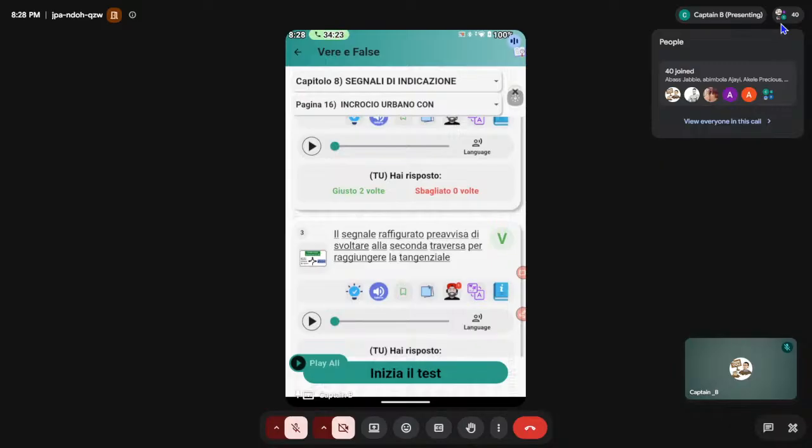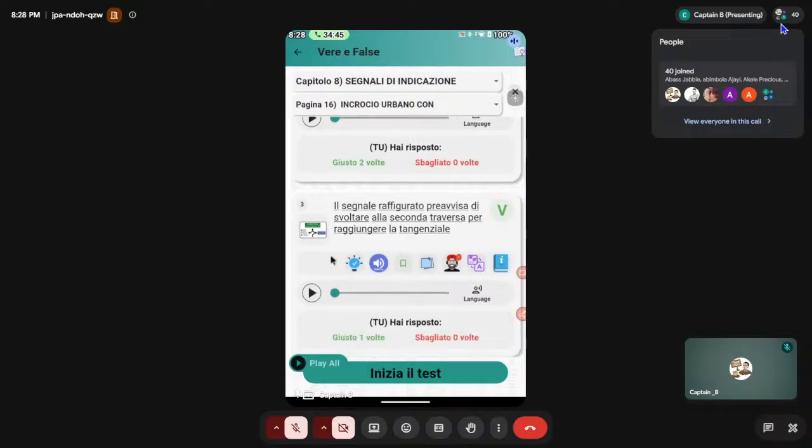When you hear proseguire dritto, it means you are going straight. You will not need to bend your car to left and right. No, just go straight. But this one, first of all, you have to turn again, do a form of C before you now turn into the second lane. All right. So yes, it is true. Vero.